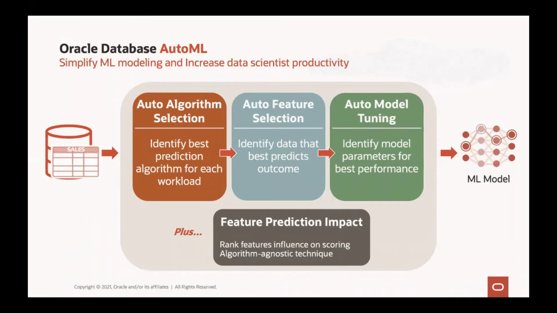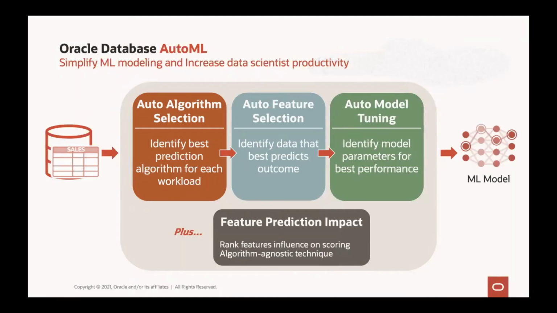Based on the data and the predictions you want to make, it will immediately select and give you a list of algorithms that you can use based on the success factor you choose. For example, accuracy, which is the default. Based on accuracy, it will give you the best algorithms you can use for your machine learning execution.